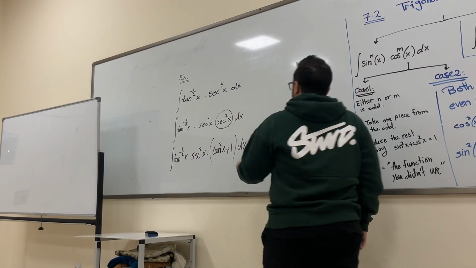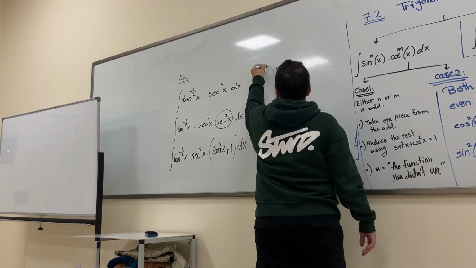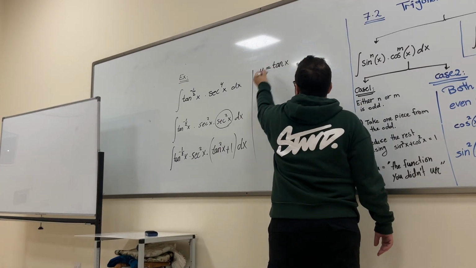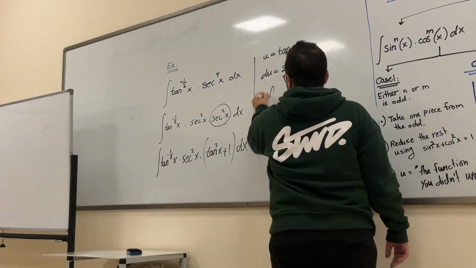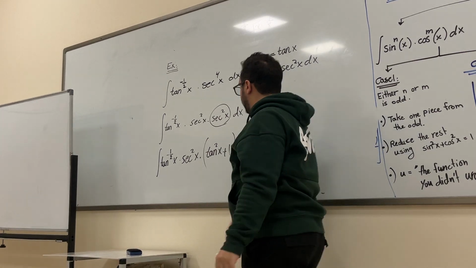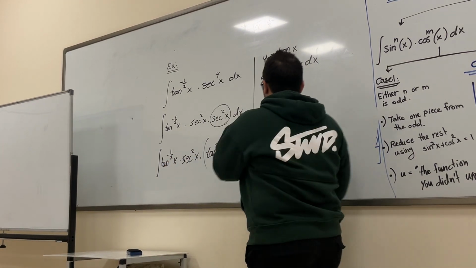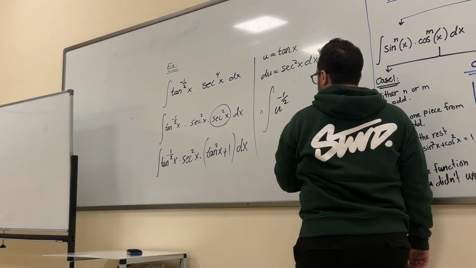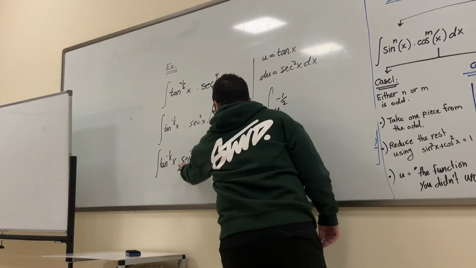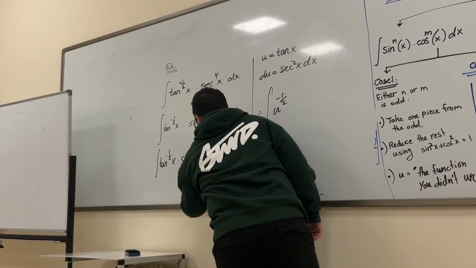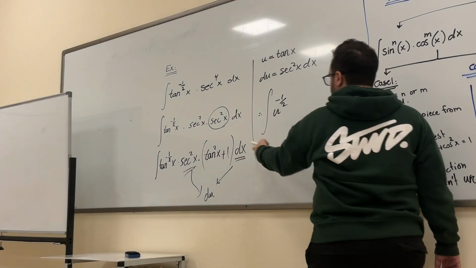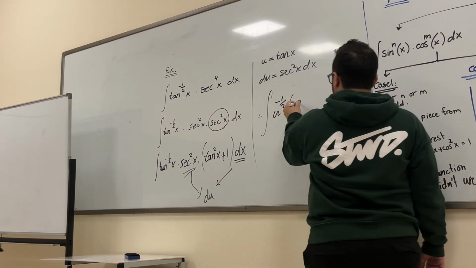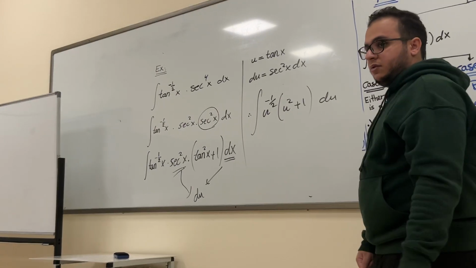And u equals tan x, du equals secant squared x. So it becomes u to the negative half, and then this is du, and this is u squared plus 1. Now it becomes a basic integration.